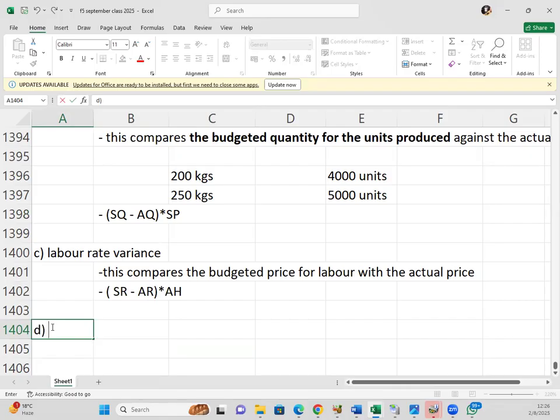Then besides the labor rate variance, we can also have the labor efficiency variance.